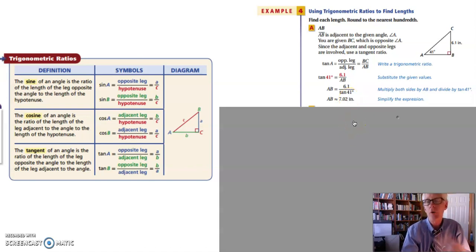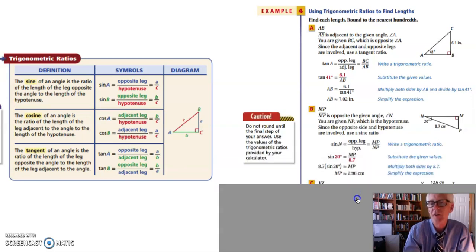So this is the first part, reviewing how to do this. The second example: there's our right triangle. We have an angle of 20 degrees. We're trying to find MP. From the angle of 20, that is opposite. The side we know is the hypotenuse. So opposite over hypotenuse is the sine.